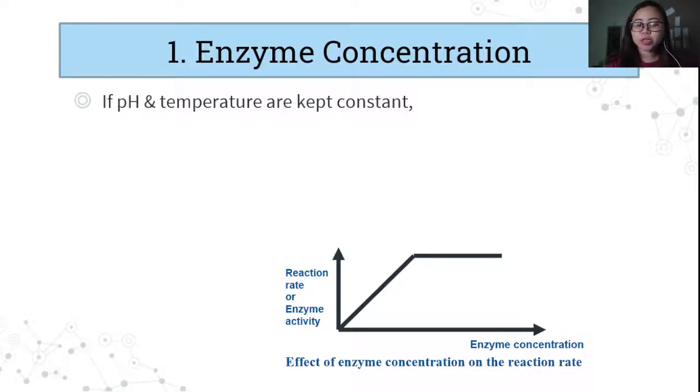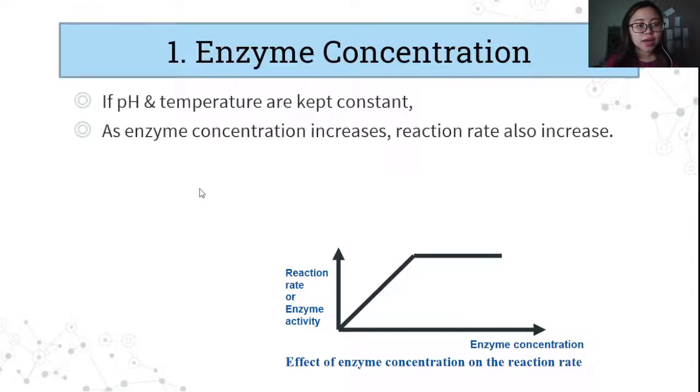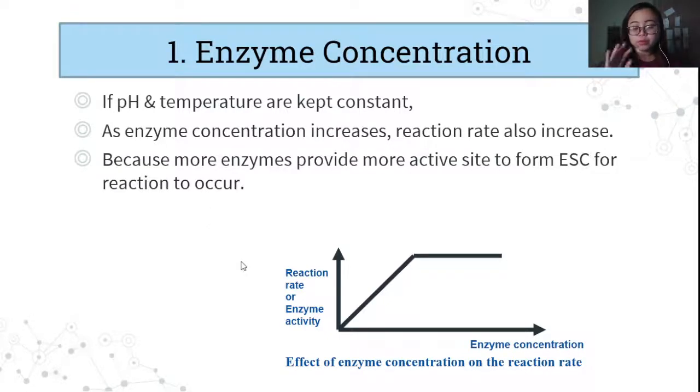So in the situation where you keep the pH and the temperature at a constant, as enzyme concentration increases, your reaction rate will also increase until up to this point, it's because more enzymes are present and thus they provide more active sites to form enzyme substrate complex for a reaction to occur.